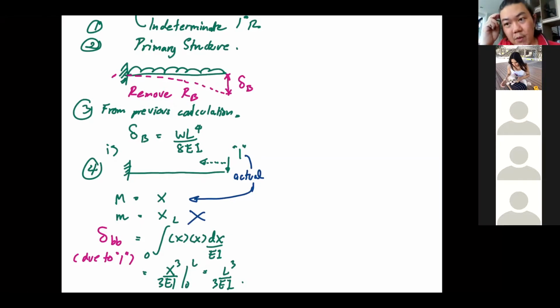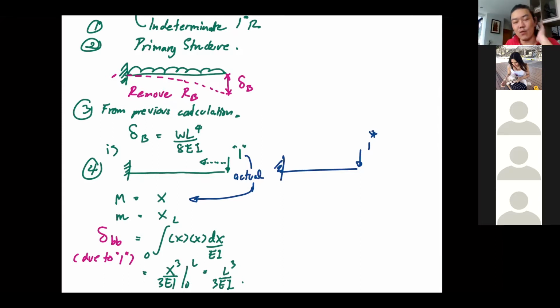If it helps you reduce confusion, you can also write your virtual load separately and use a star, so it becomes 1 star X. Here 1 is the actual, but 1 star X is the virtual.